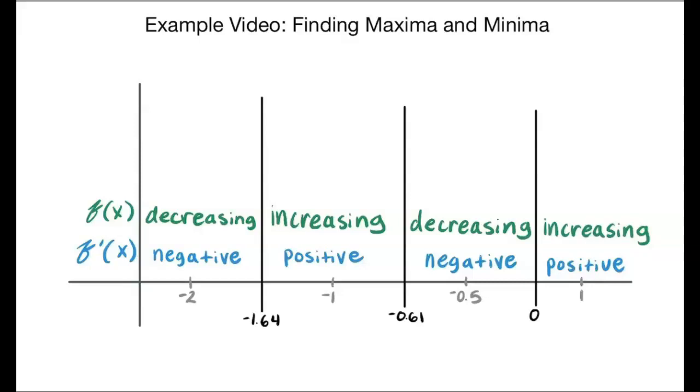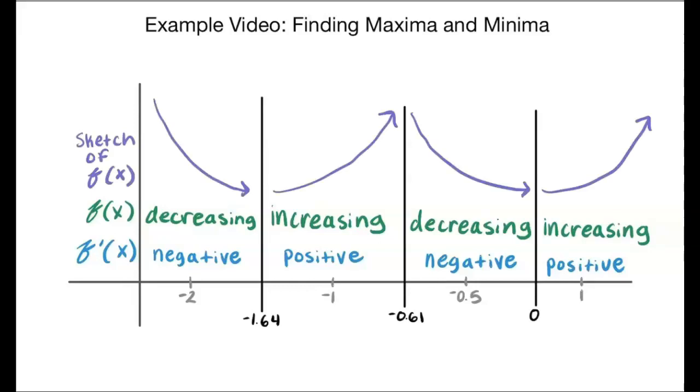Correct. Now we can use this information to determine where the maxima and minima of the function are. It may help to make a rough sketch of the general trends of the original function to understand this. We can see from this that each of these points are critical points because the graph changes behavior at each point.